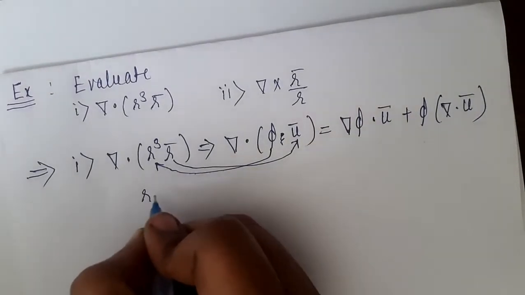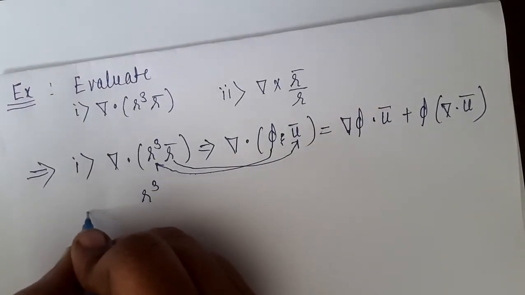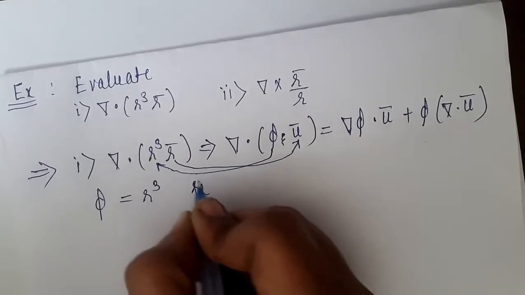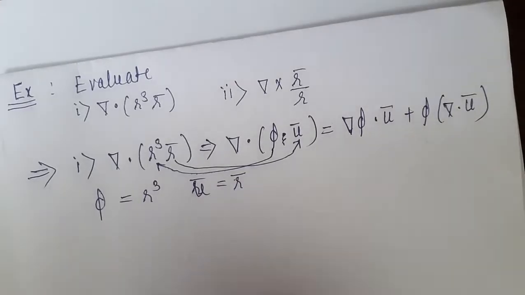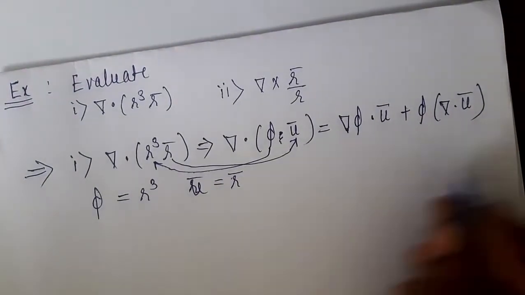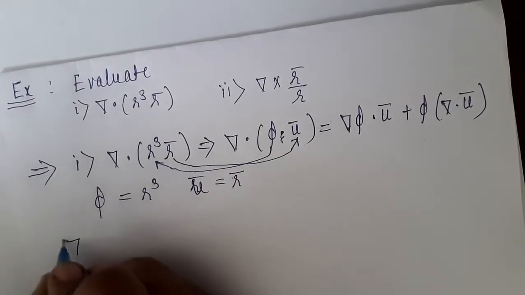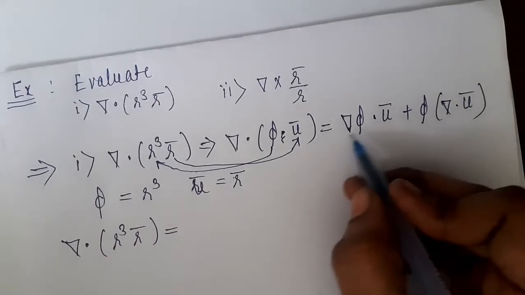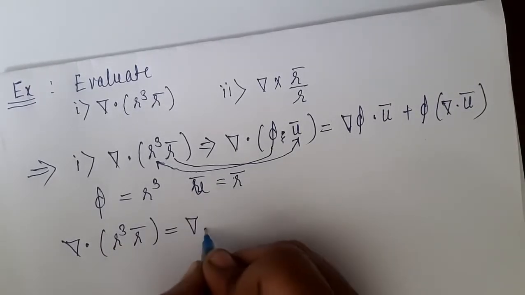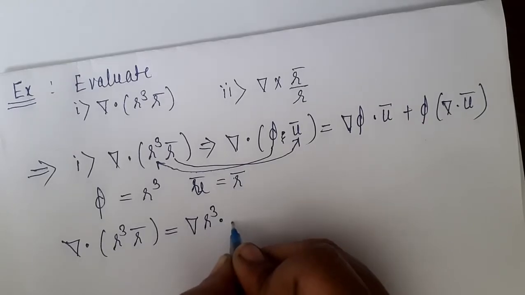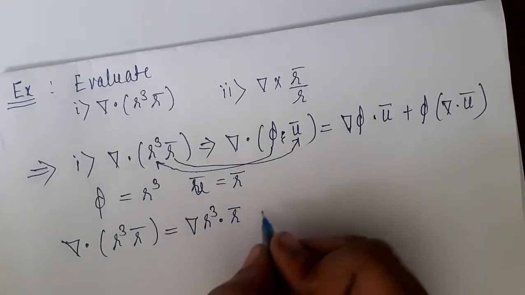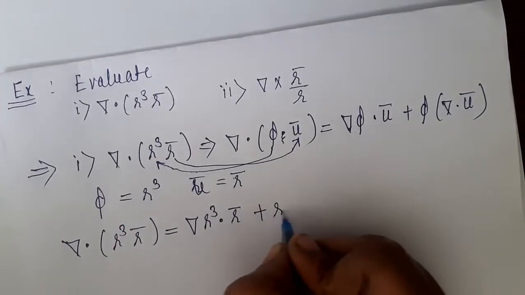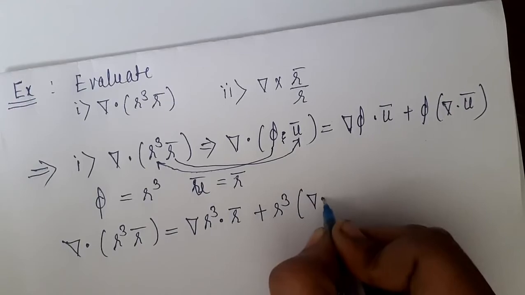So substitute in this result: del dot r cube multiplied by r is equal to del phi, that is del of r cube, dot product with vector r, plus phi, which is r cube, multiplied by del dot r.